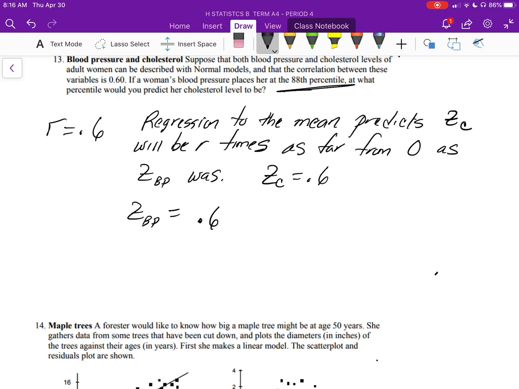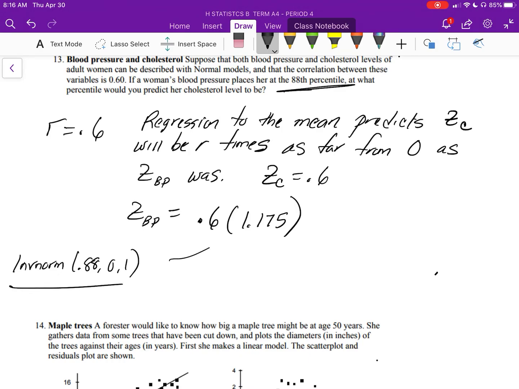To find the Z-score at the 88th percentile, it comes out to be 1.175. And how did I get that? I'm going to do the inverse normal for 0.88, 0, 1. If you do that on your calculator, you're going to get 1.175. And if we multiply that by 0.6, that comes out to be 0.705.